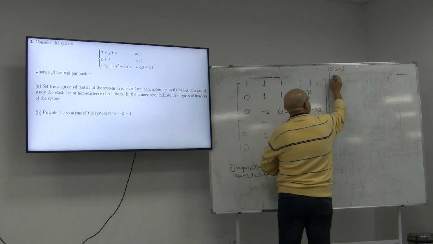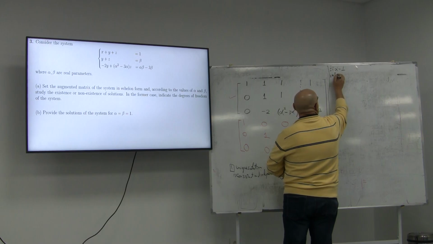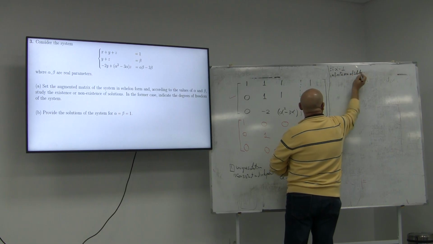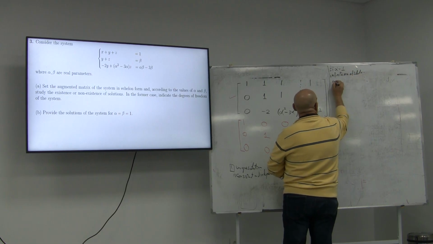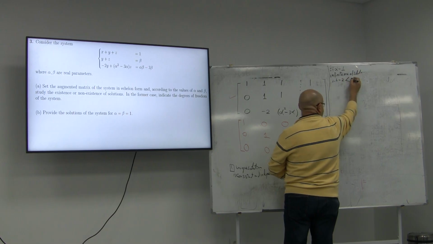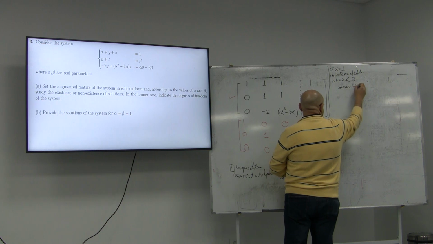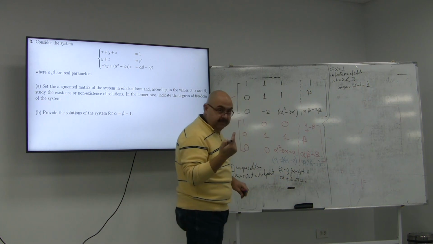So you will have an infinite number of solutions, a rank of the system which is less than the number of unknowns, which is 3. So the degrees of freedom will be 1. You will have 1 degree of freedom.